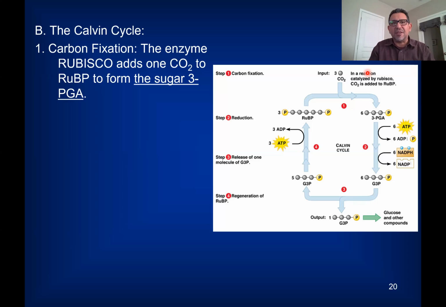And because so much life depends on those glucose molecules that are made in the Calvin cycle, scientists go on to say that Rubisco is the most abundant protein on Earth.